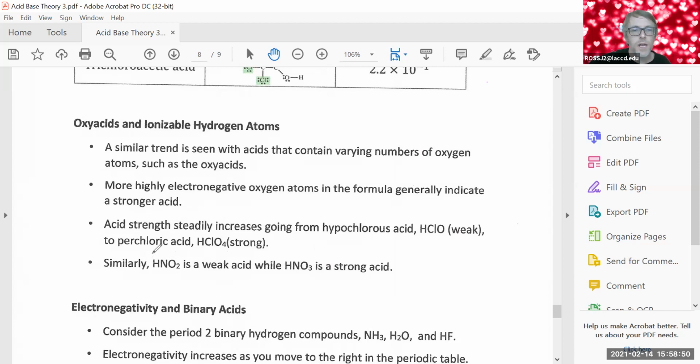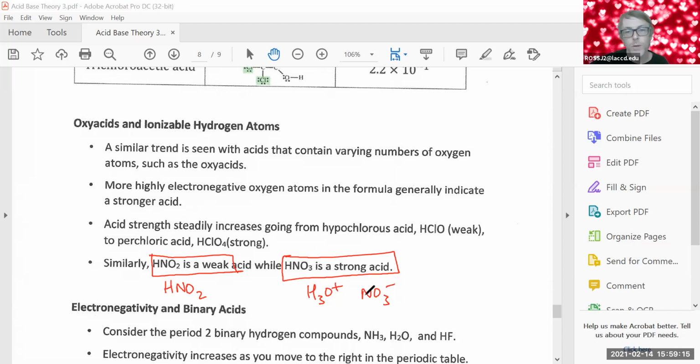We've seen that HNO2 is weak, but if we increase the stability of its conjugate base by adding more oxygen, more electron withdrawing species, we can have a strong species. Remember, for a weak species, that's the predominant species. For a strong species, it would actually be H3O plus and NO3 minus that would be the predominant species.